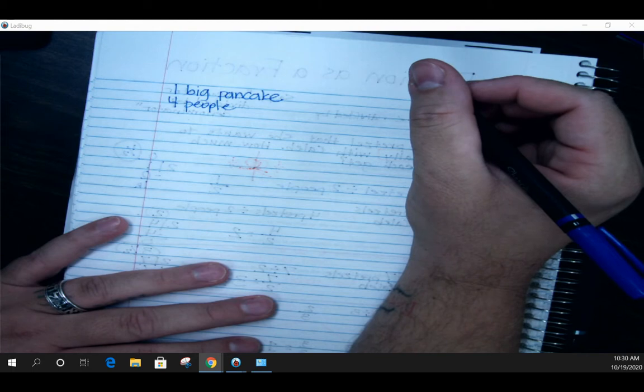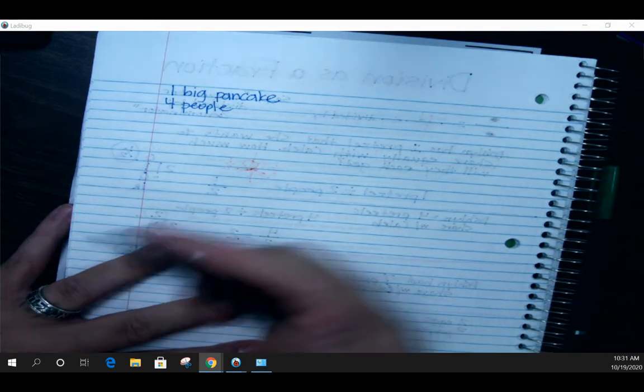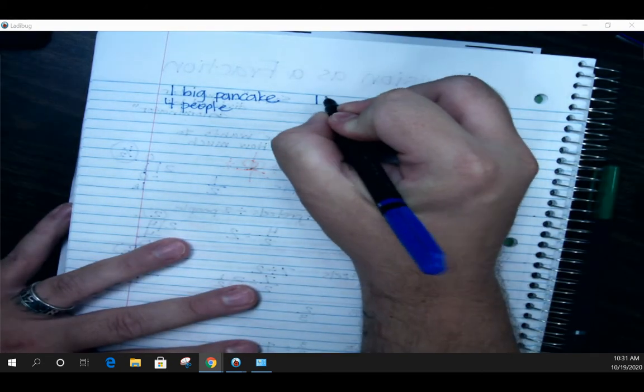What am I dividing? Aiden, what am I dividing? Really? I'm going to chop up my family. You just made an axe murder scene. What am I dividing? The pancake or the people? I'm dividing the pancake. 1 pancake divided by 4 people.